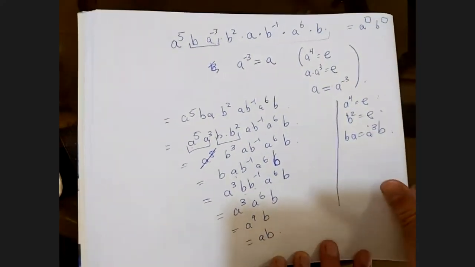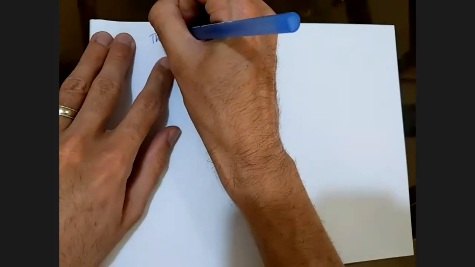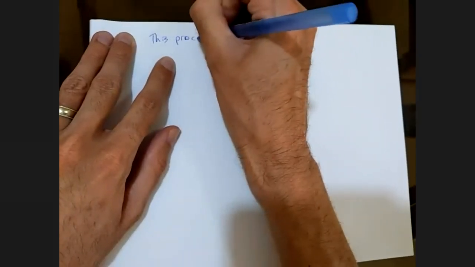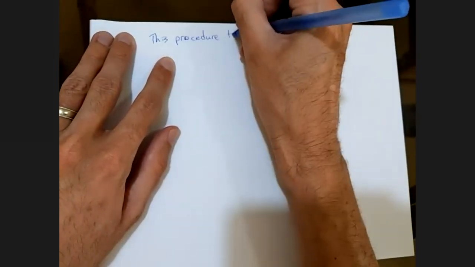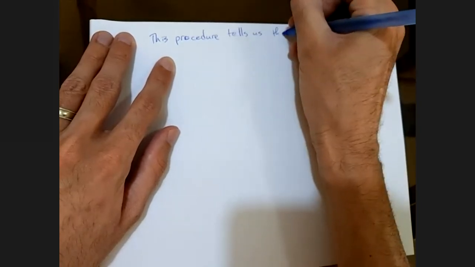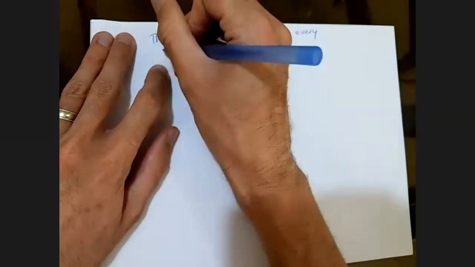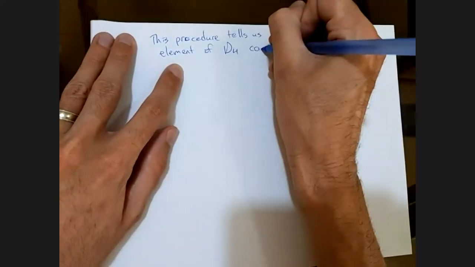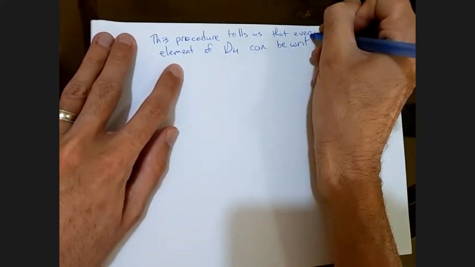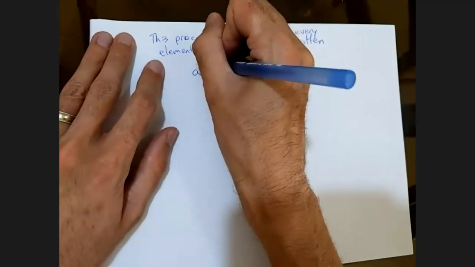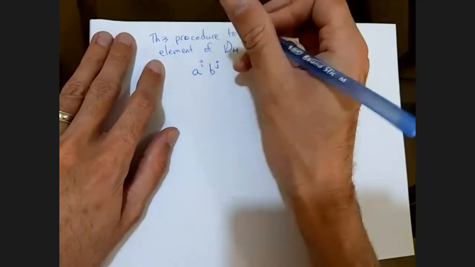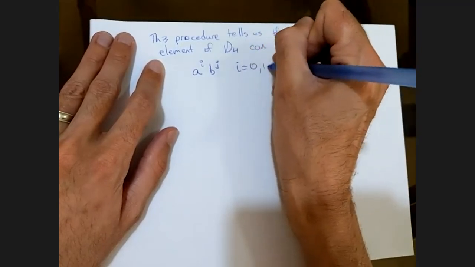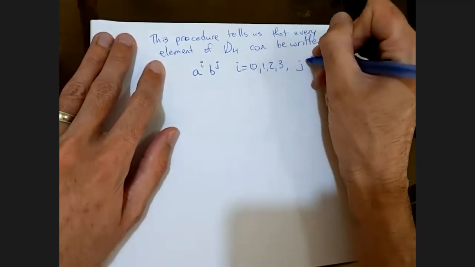Okay, so this procedure tells us every element of D4 can be written as A to the I, B to the J, where I can be 0, 1, 2, or 3, and J equals 0 or 1.